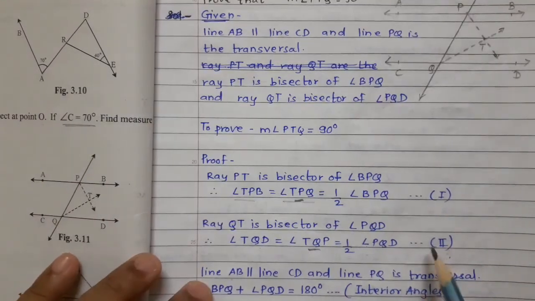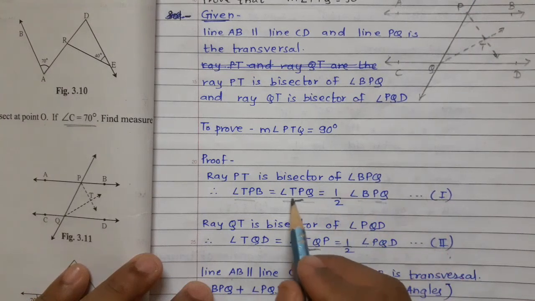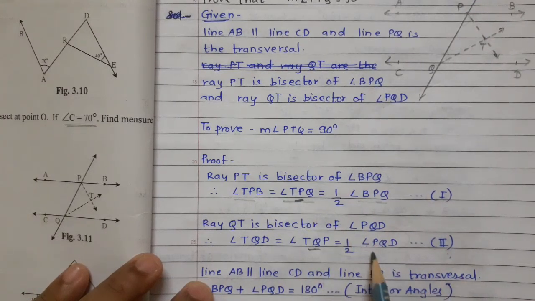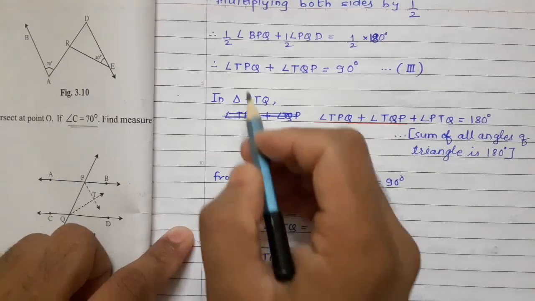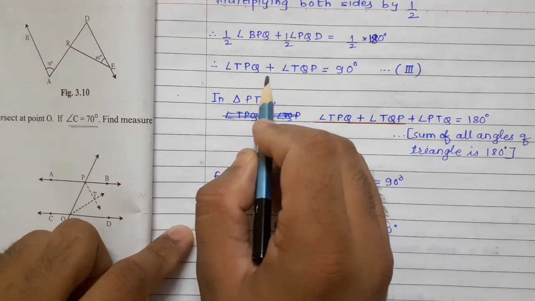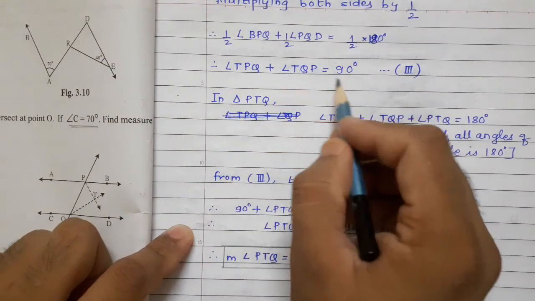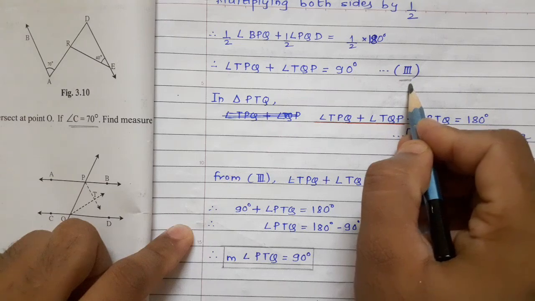From first and second, 1/2 of angle BPQ is angle TPQ, and 1/2 of angle PQD we take as angle TQP. Therefore, we have angle TPQ plus angle TQP is equal to 90 degrees. Give it as equation number 3.